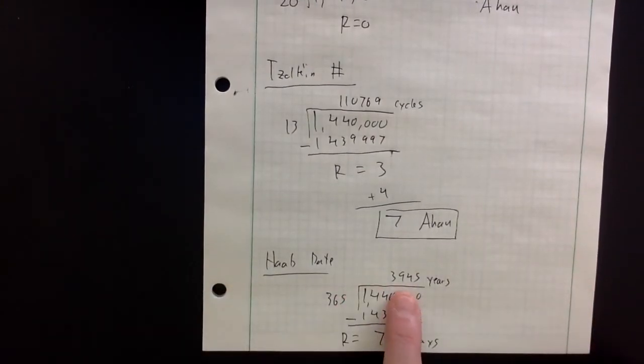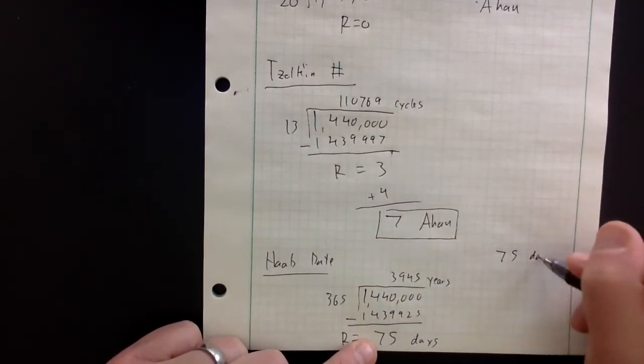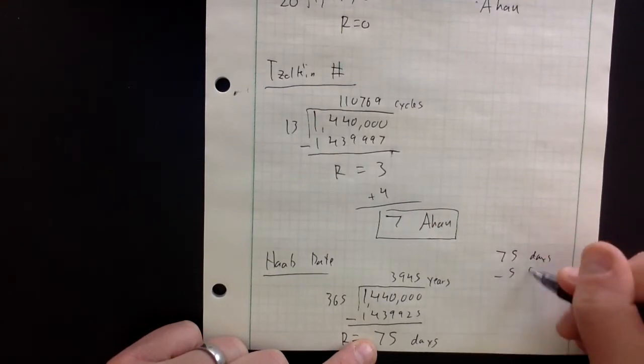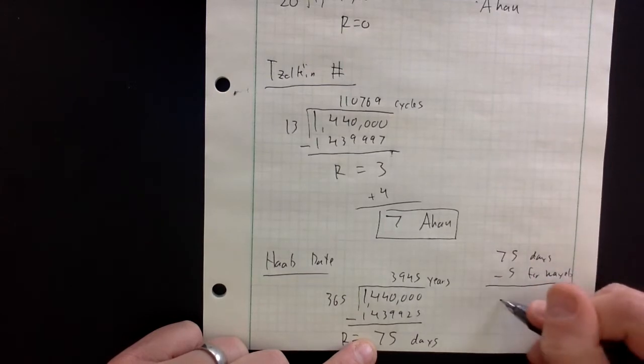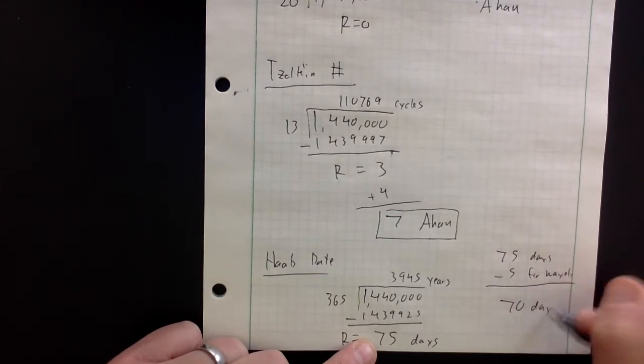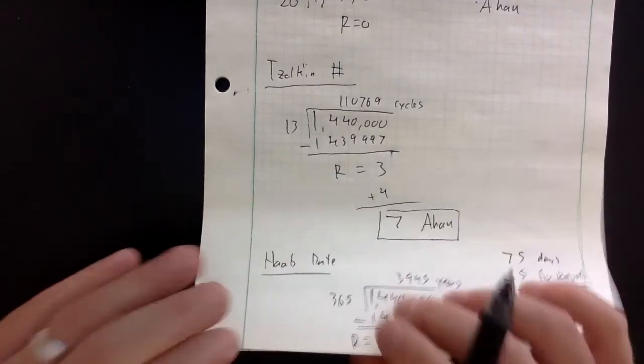So just noting we went almost 4,000 years in the future. I'm going to take that 75 days and subtract 5. And this is for Wayeb. So now we have 70 days left over.